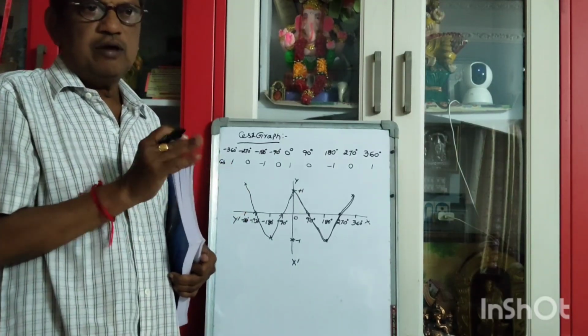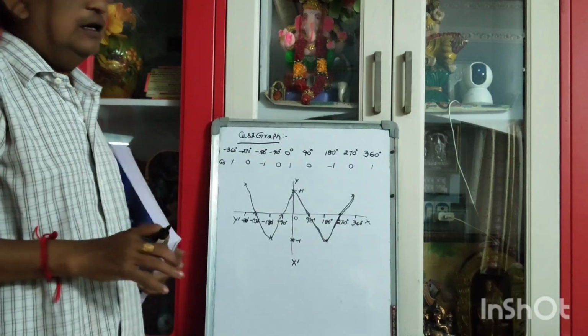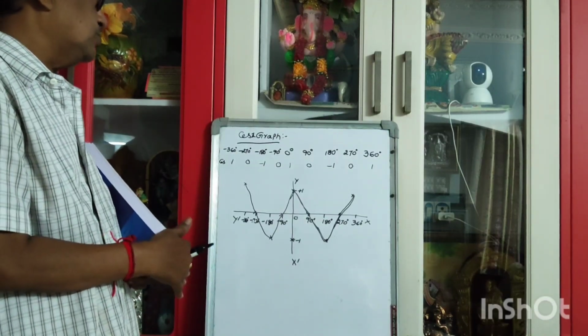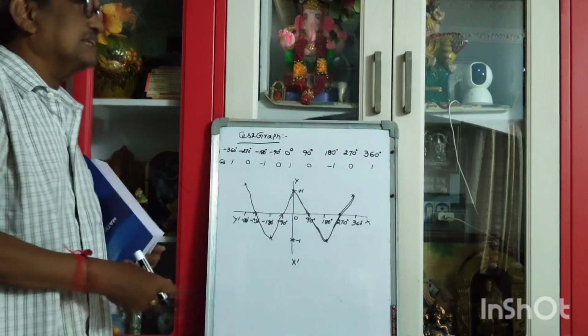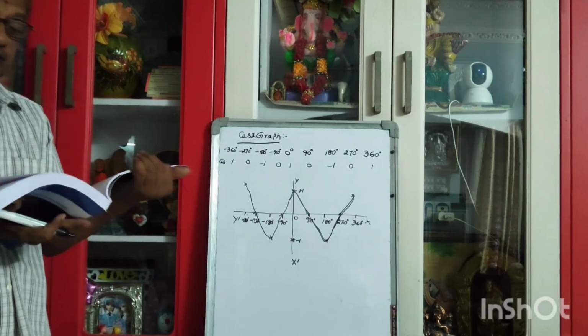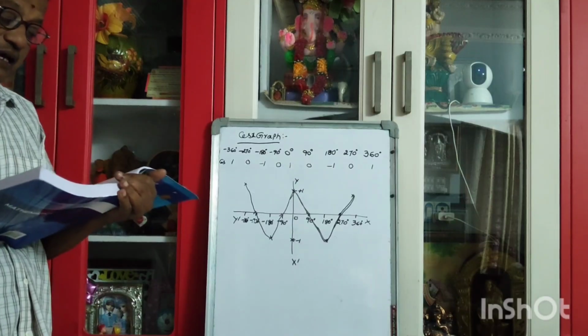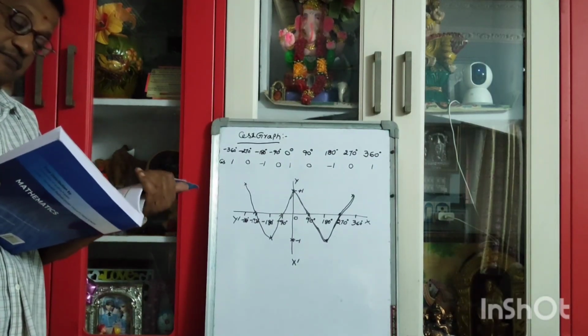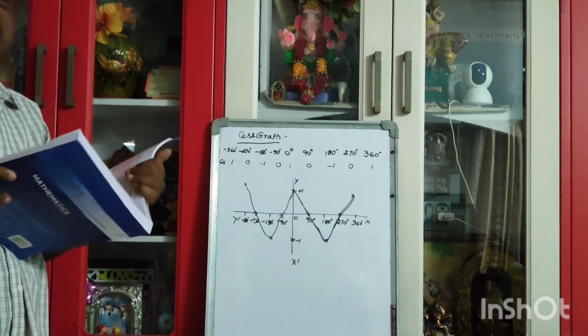These are more important and most important graphs. Like that, tan x is also a most important graph. We will discuss the graph of tan x between plus 90 and minus 90.